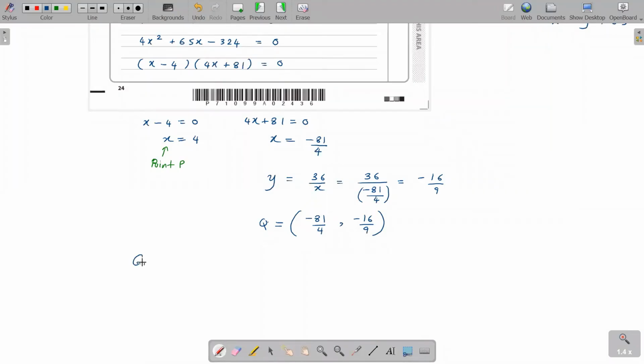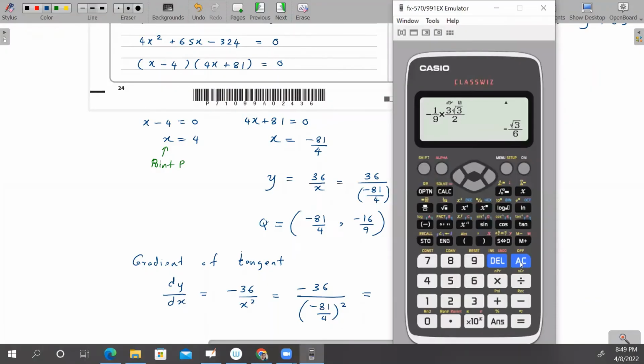So the gradient of the tangent will be minus 36 over x square, which is minus 36 divided by minus 81 over 4 whole thing squared. You can type this entirely in the calculator, right?